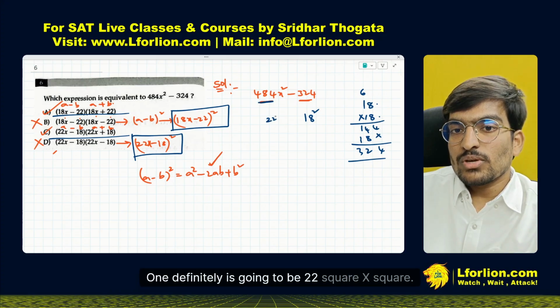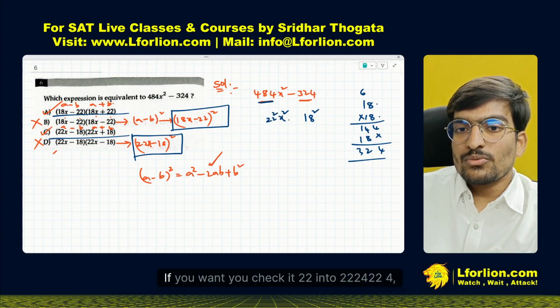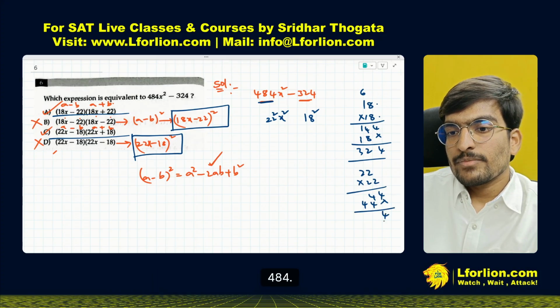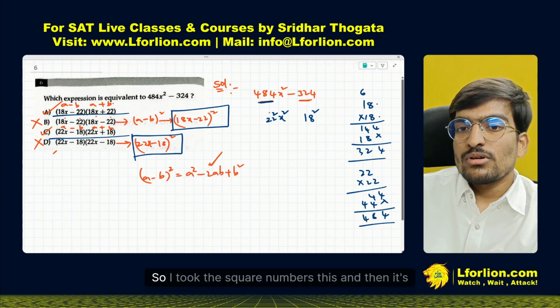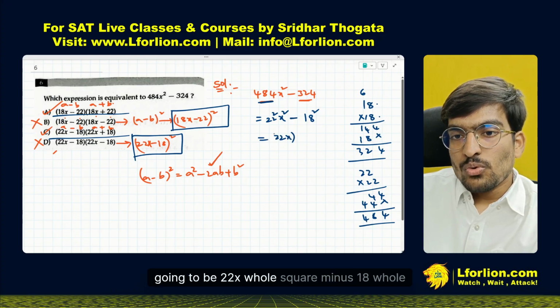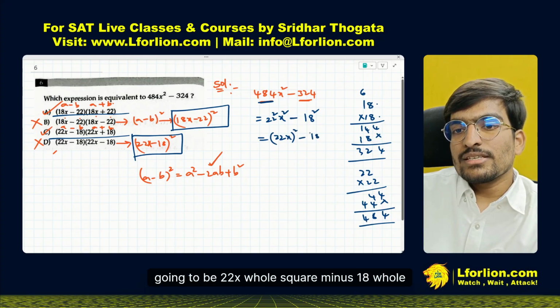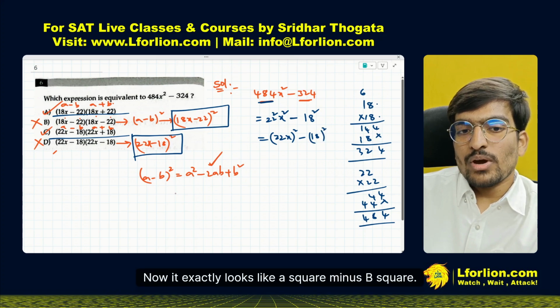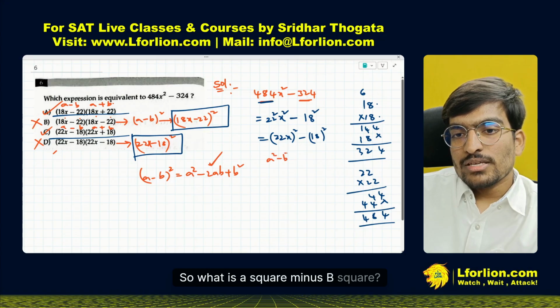Definitely it's going to be 22 square x square. If you want, you can check it. 22 into 22: 2 twos are 4, 2 fours are 8, giving 484. So I took the square numbers, and then it's going to be 22x whole square minus 18 whole square. Now it exactly looks like A square minus B square. So what is A square minus B square?